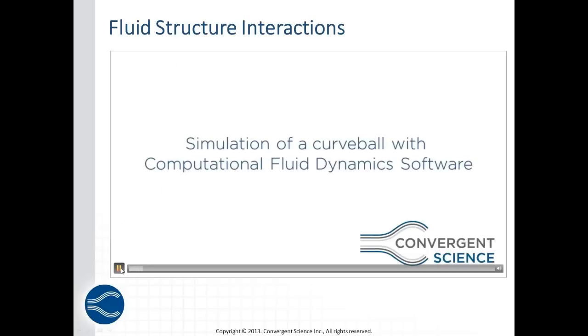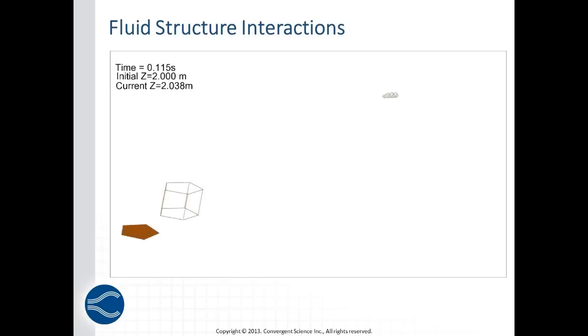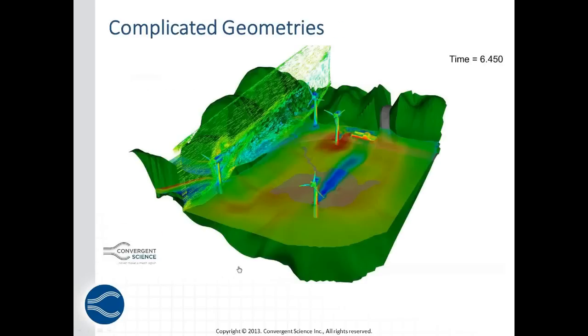We're moving the ball in space. That's one thing. The other thing is we're taking the effect of the swirling ball and the pressure differences on it to actually move that ball in a direction like a typical curve ball would. So that's an example of how you can use not only moving geometries but fluid structure interactions in Converge.